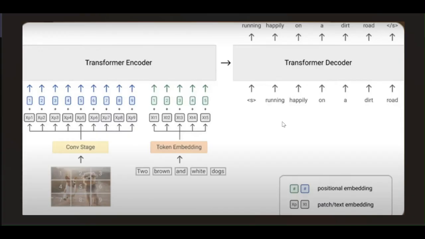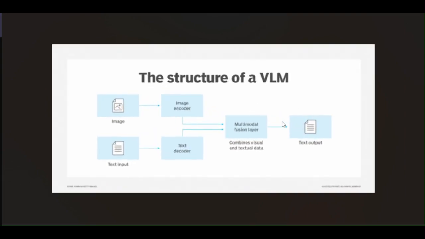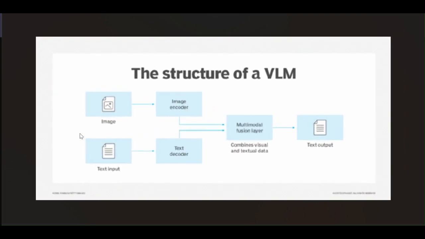VLMs come in handy in various applications like visual documentation and visual question answering, which is what we are going to discuss now. So we understood how it takes the input of text and an image, gives it to the encoder, then by using various trained models, it gives us the text output.